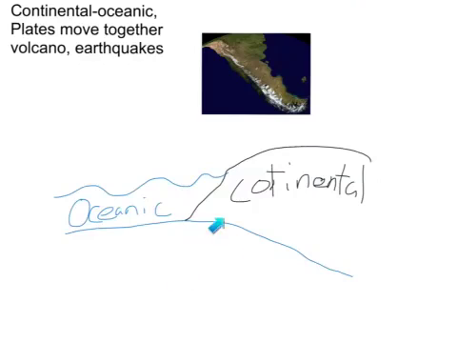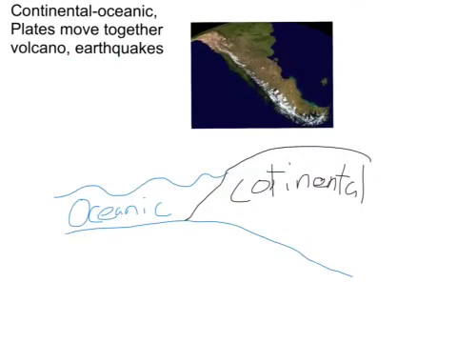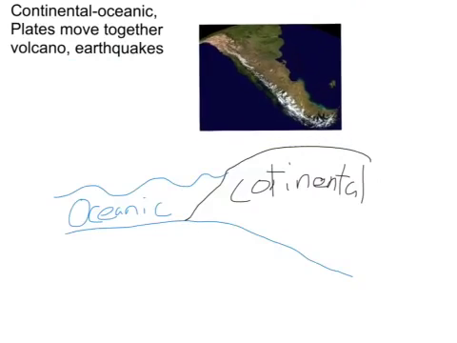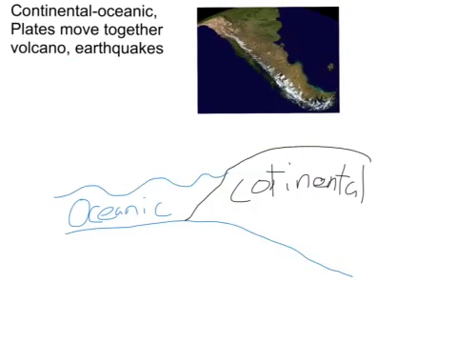Another reason is convection currents, which make this move over because of the magma underneath it. Also, it causes volcanoes and earthquakes, and an example of it is this mountain range right here. It's in South America. I forgot the name of it. So, yeah.